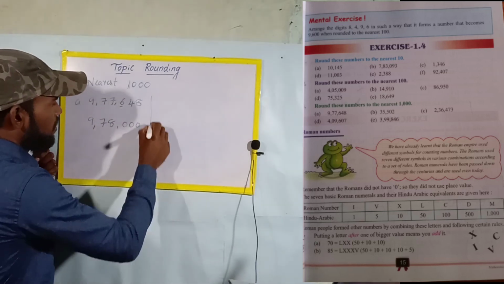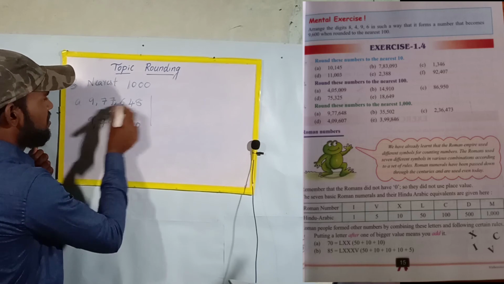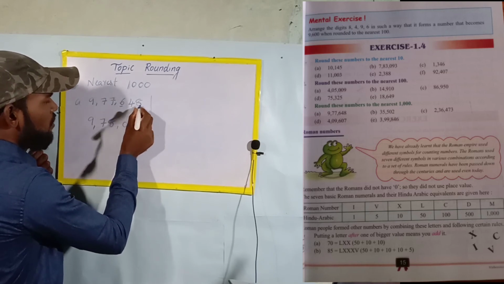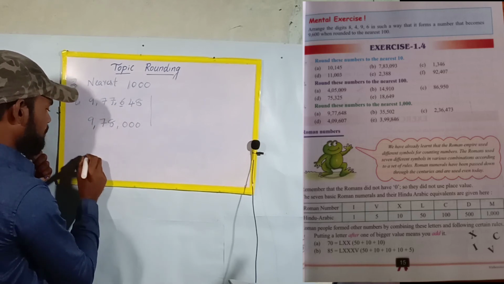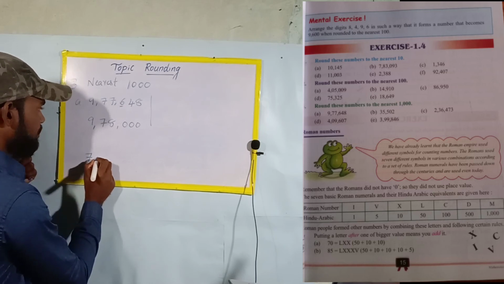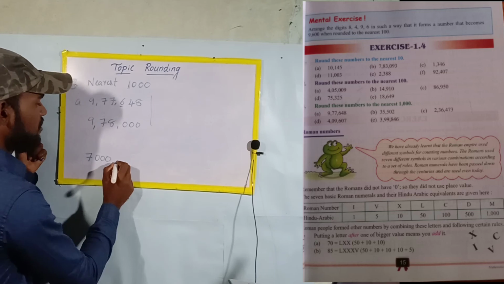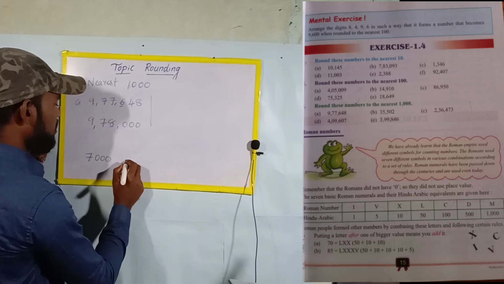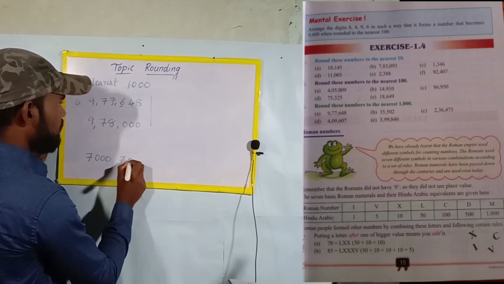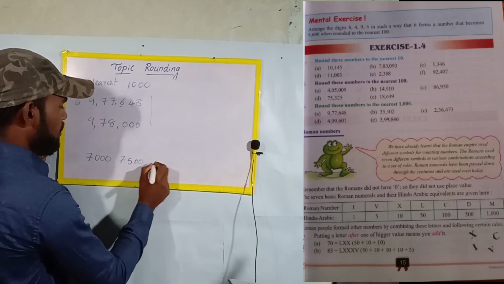Okay. See here. 7,648 is in between. See here, 7,000. This is 7,000. And one more number is there, that is 7,500. Now 8,000.